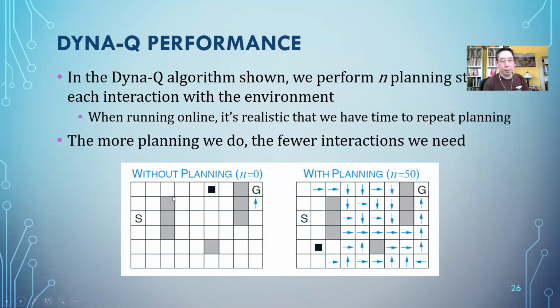In the book, there's an example of a grid world. It's sort of like a maze with a few obstacles.